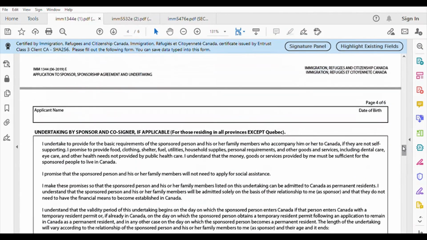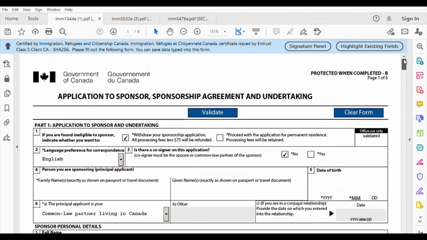Second thing, as you see guys, there is something called validate, and here office use only validated. After you finish filling out all the information, you click on this validate. This part shows you which part you mentioned was empty or has a wrong date, or if there is something wrong in the application.